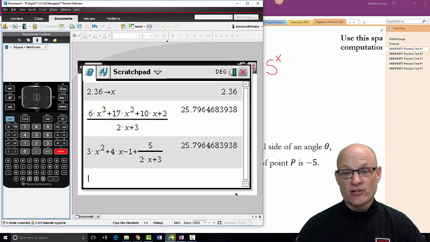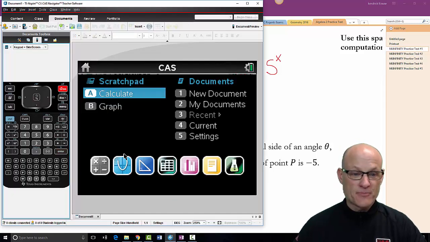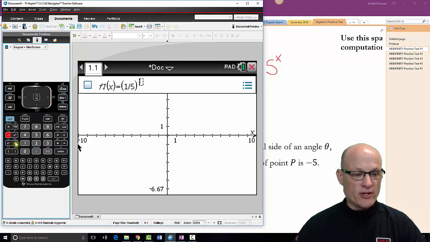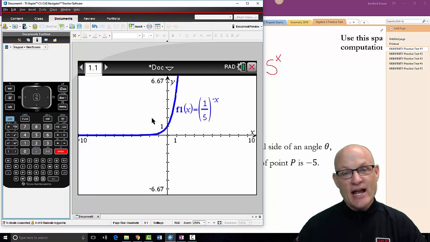Now I said the easiest way to do it is to simply graph these, right? Let me graph both of those. The first one was 1 divided by 5 raised to the negative x. I graphed that, and that's an exponential growth question all day long.